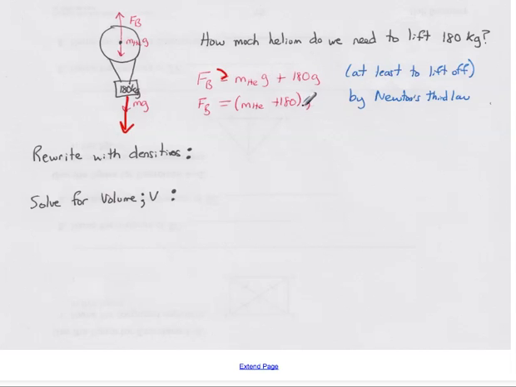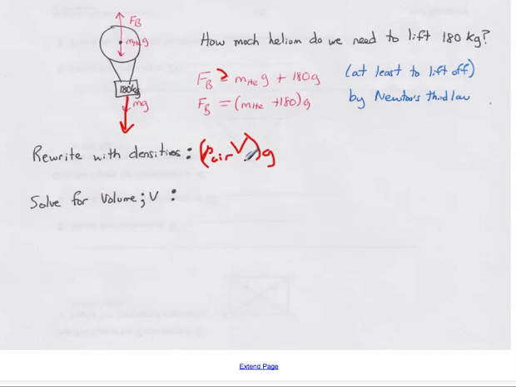Anyway, I factored out the g for gravity. Now let's rewrite everything in terms of densities. The force of buoyancy you can rewrite as, remember it's due to the air, so it's the air's mass, which you could rewrite with density: density of the air times the volume of the air times gravity.